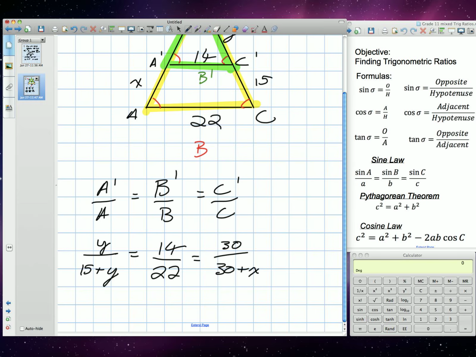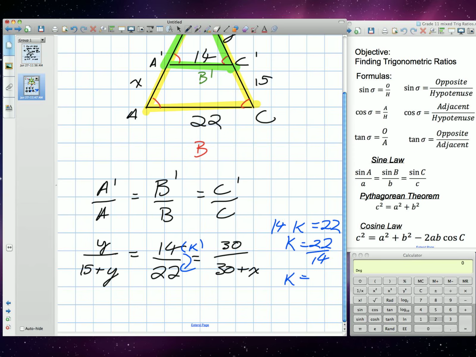Okay, so we have these factors. Now what I can do is find, if you guys recall, a k factor in these numbers. This can be seen in several different ways, and it is how I go from 14 to 22. What would I multiply 14 by to get to 22? So I'm going to set that up on the side here. 14 multiplied by k is equal to 22. In order to solve this, k is equal to 22 divided by 14.